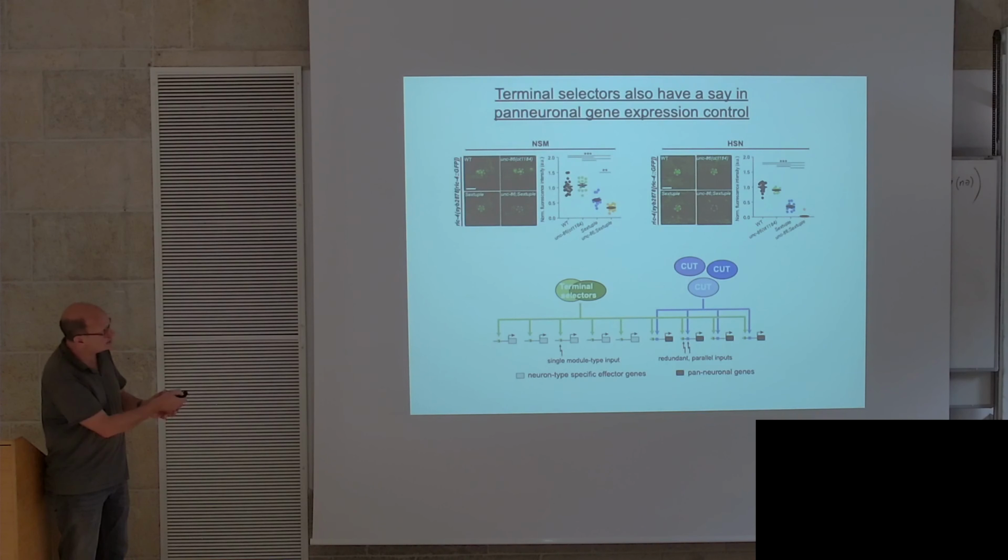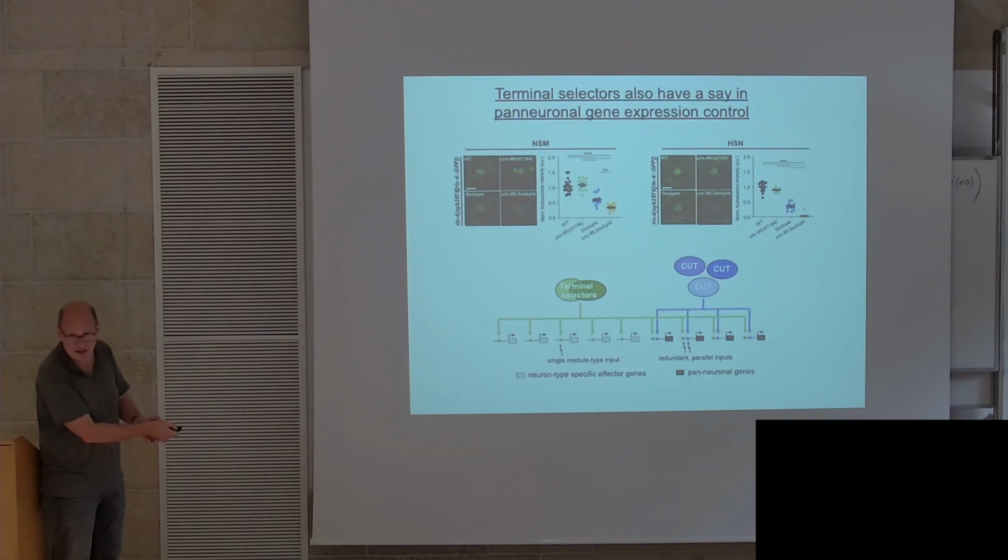And that's actually quantified here. Okay? But now if you take a sextuple mutant of these cut Homeobox genes, where you still have some pan-neuronal gene expression left, and now you remove, in a septuple mutant, that terminal selector transcription factor, you further reduce, if not completely eliminate, pan-neuronal gene expression.